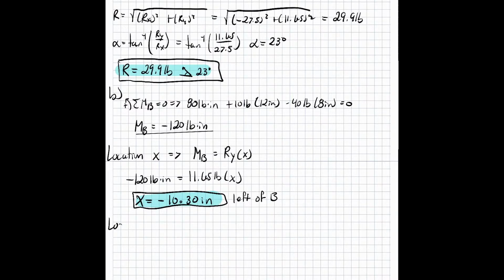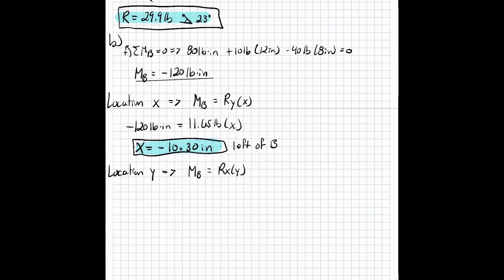Now location in the y direction, we have our moment about B equal to our force Rx and the y, the perpendicular distance of Rx. So again, we have negative 120 pound-inches equal to our negative 27.5 pounds times y.